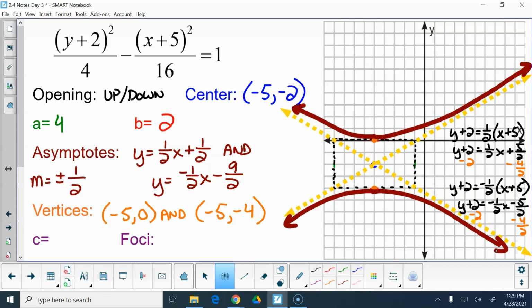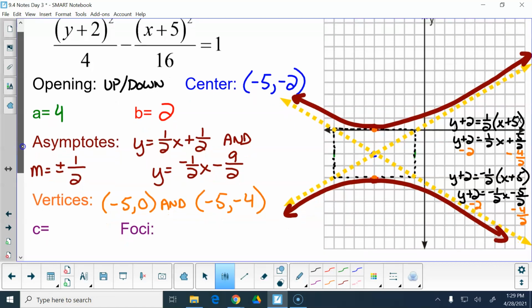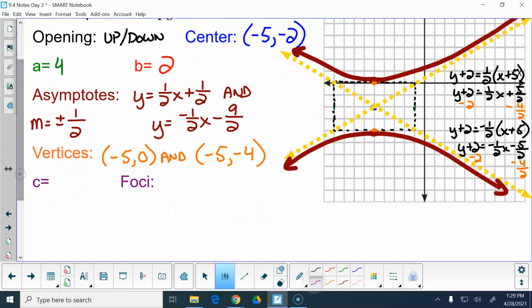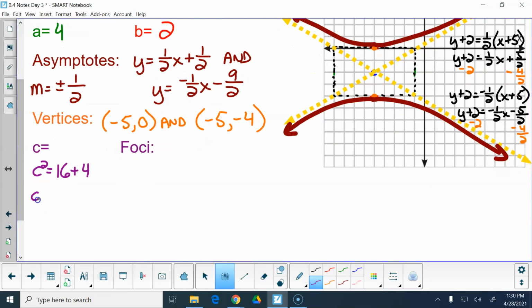And then the only thing left to do is find the foci. c squared is going to be a squared plus b squared, so that's 16 plus 4, which is 20. So c is the square root of 20.